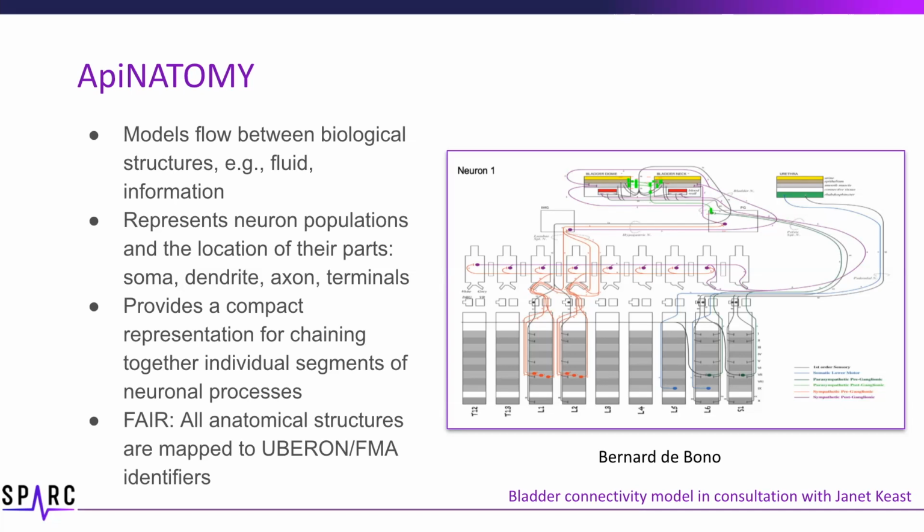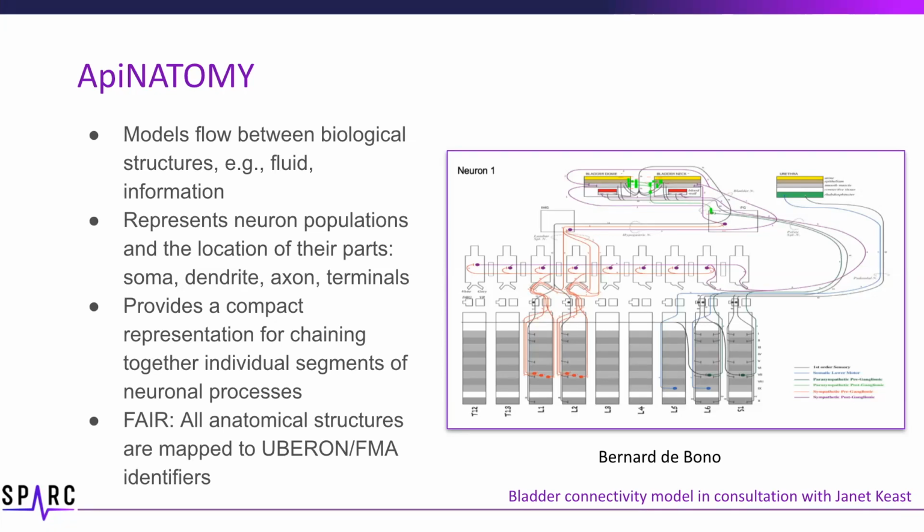So we can assign location to as many different parts as we wish: the soma, the dendrite, the axons, the terminals. The main advantage of ApiNATOMY for the type of work that we are doing is that it solves the chaining problem. It allows us to be as detailed as we want in these individual segments, but then it provides a compact and computable representation for chaining together the individual segments of these neuron processes so that they can be treated as a whole.